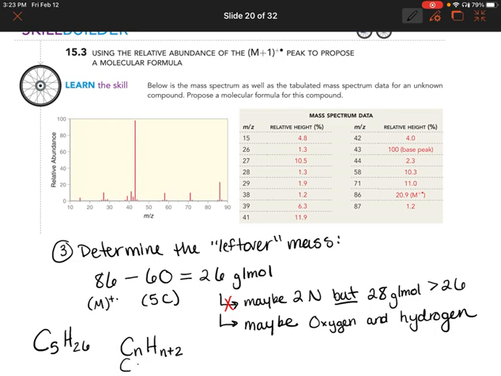If we have 5 carbons, the most hydrogens we could have is 12. So 26 is way bigger than 12, so that doesn't make sense. So maybe we have an oxygen in our molecular formula as well. Okay, so let's do the math and see if oxygen makes sense.